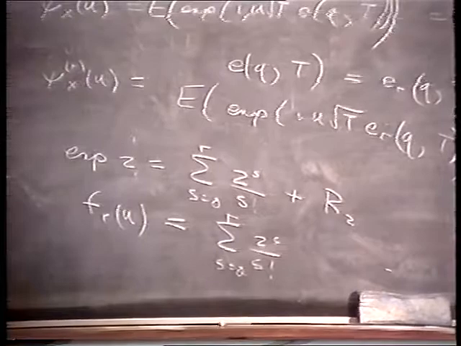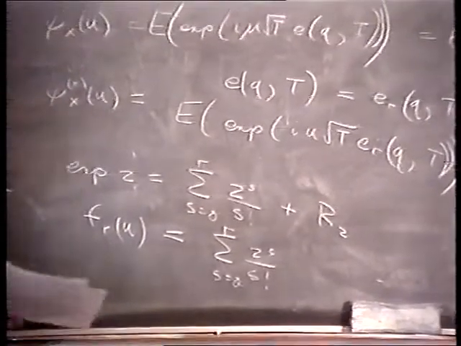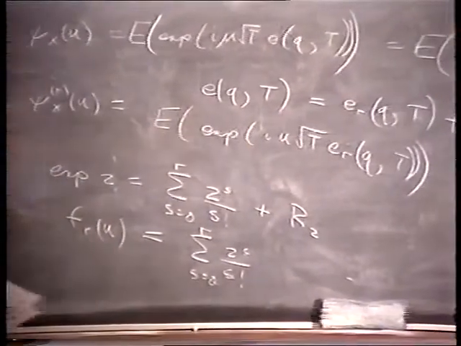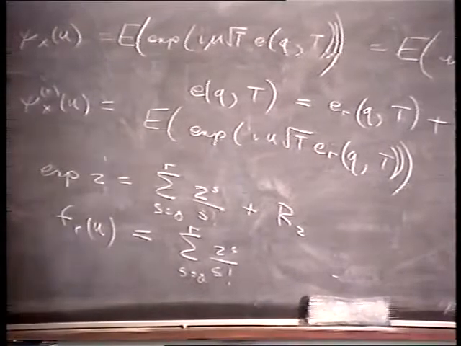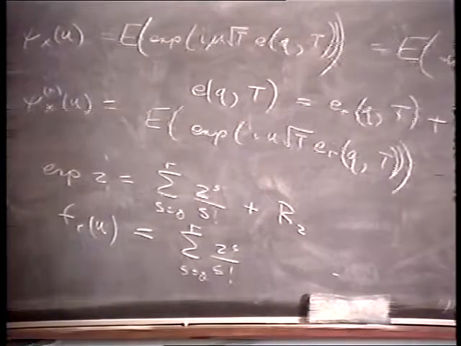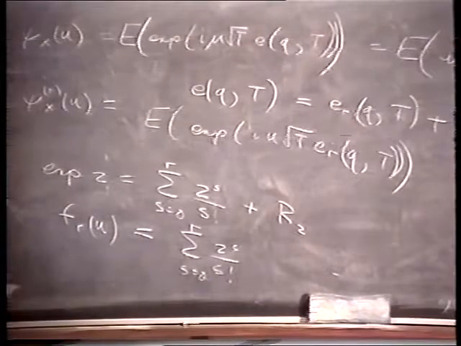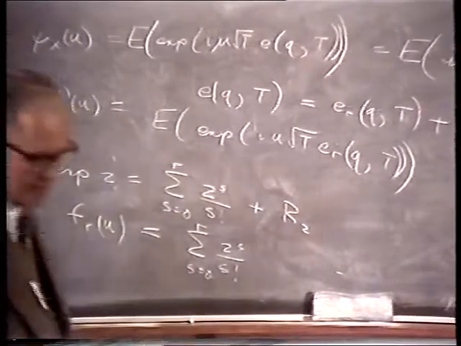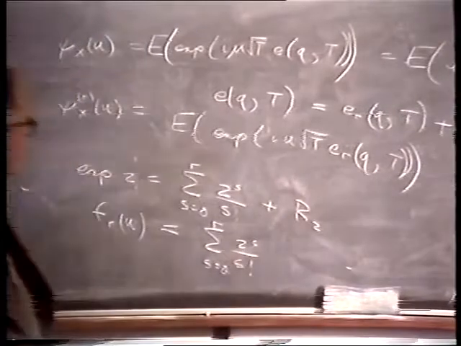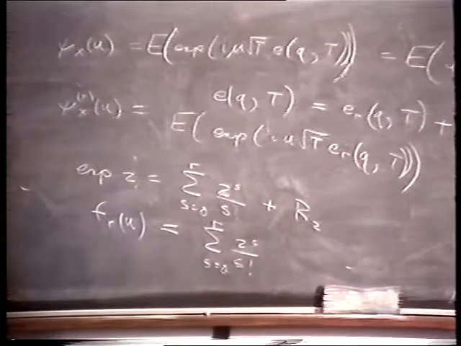What's this inequality that deals with R2? Well, in fact, Feller has a slightly more complicated inequality than the one I'm quoting, which is the one given by Feller himself.